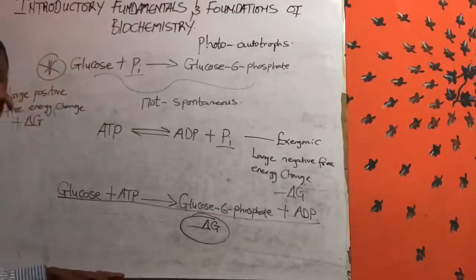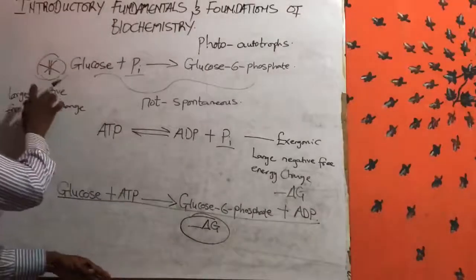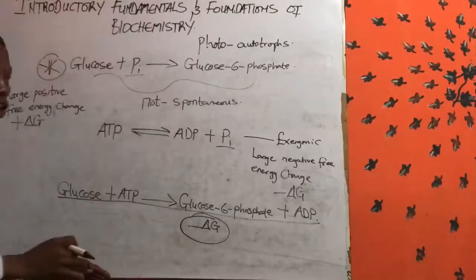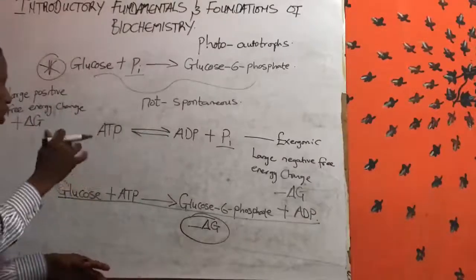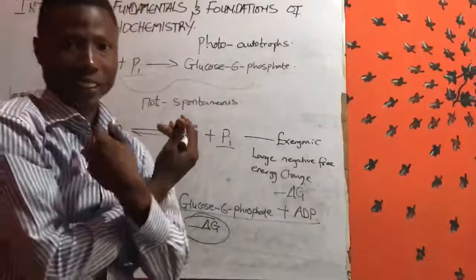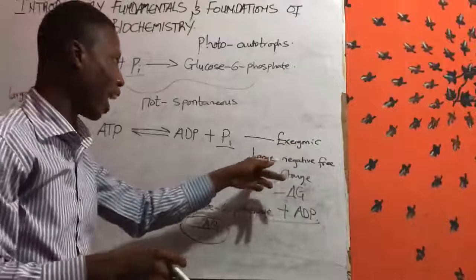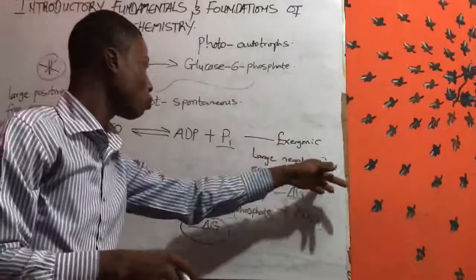That's the rule for spontaneous reaction. So since this is positive and it's even large, this cannot occur. So for this to occur, it will now be incorporated with another reaction that is exergonic, having large negative free energy change.